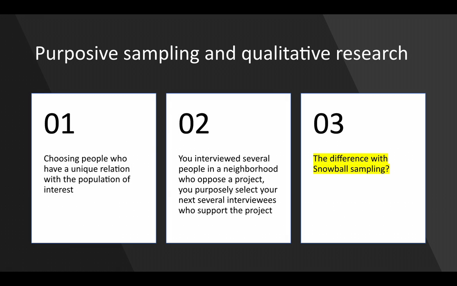So for example, you know people in a neighborhood who oppose a project, right? Then you want to know people on the other side who support the project, right? That's called purposive sampling because you already know who opposes the project. You want to know who supports the project and understand why, understand their voice.